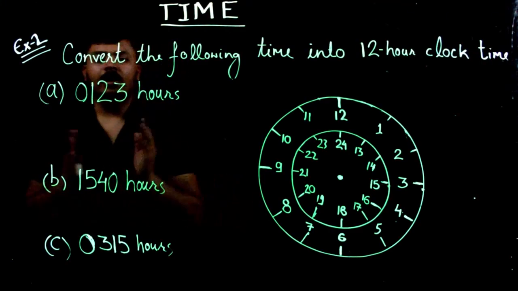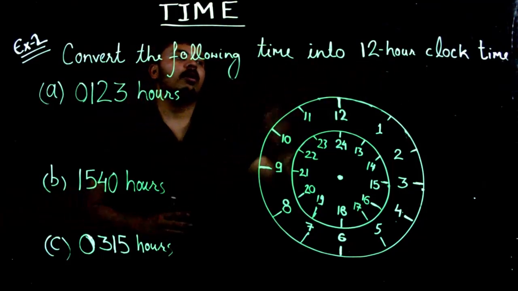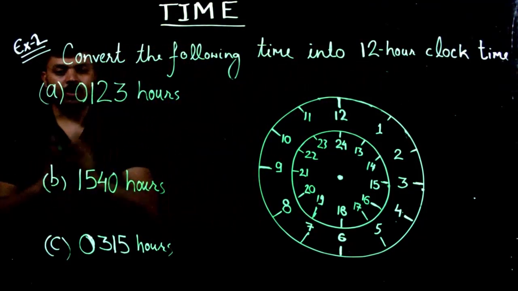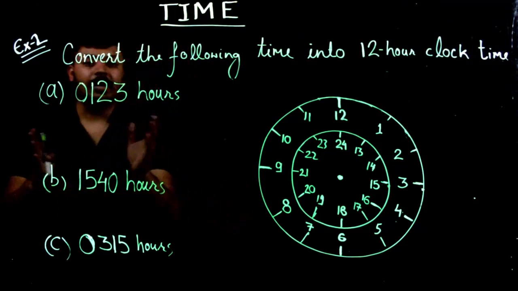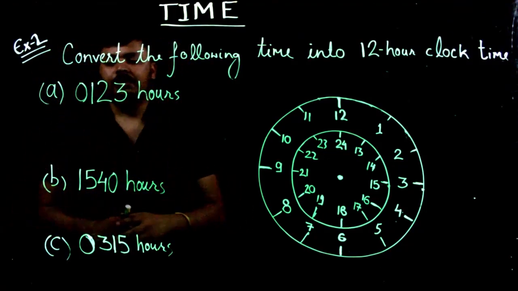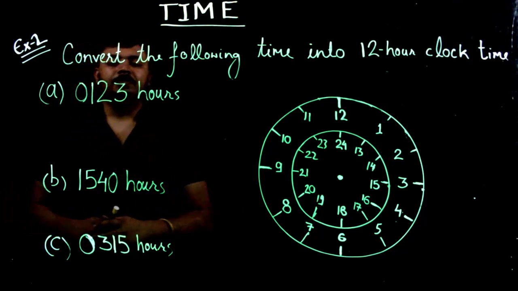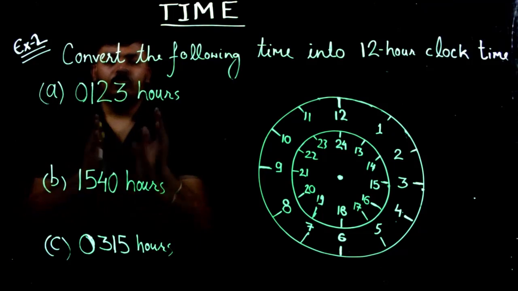So students, now let's look at example number 2. Convert the following time into 12-hour clock time. So we are given 24-hour clock time and we have to convert it into 12-hour clock time and mention AM as well as PM. So our first part is 0123 hours.